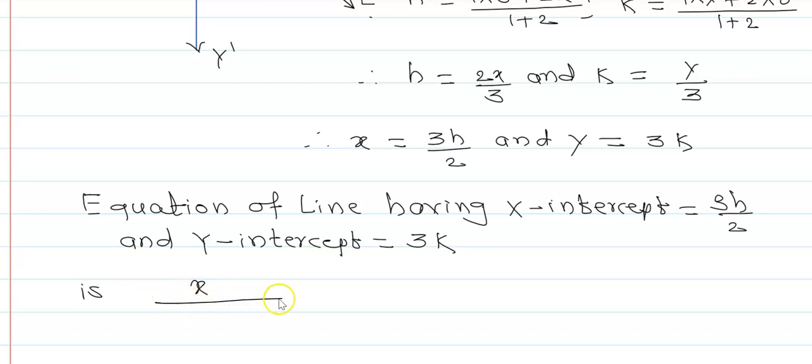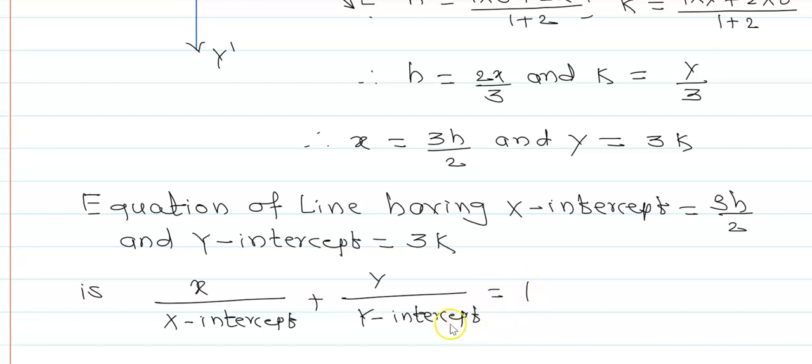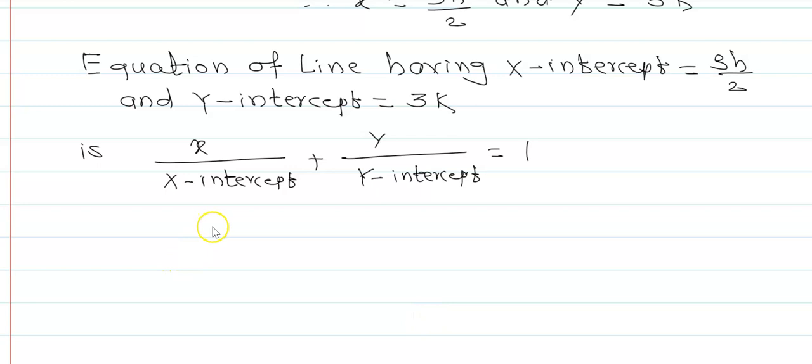x upon x-intercept plus y upon y-intercept is equal to 1. Therefore, x upon 3h upon 2 plus y upon 3k is equal to 1.